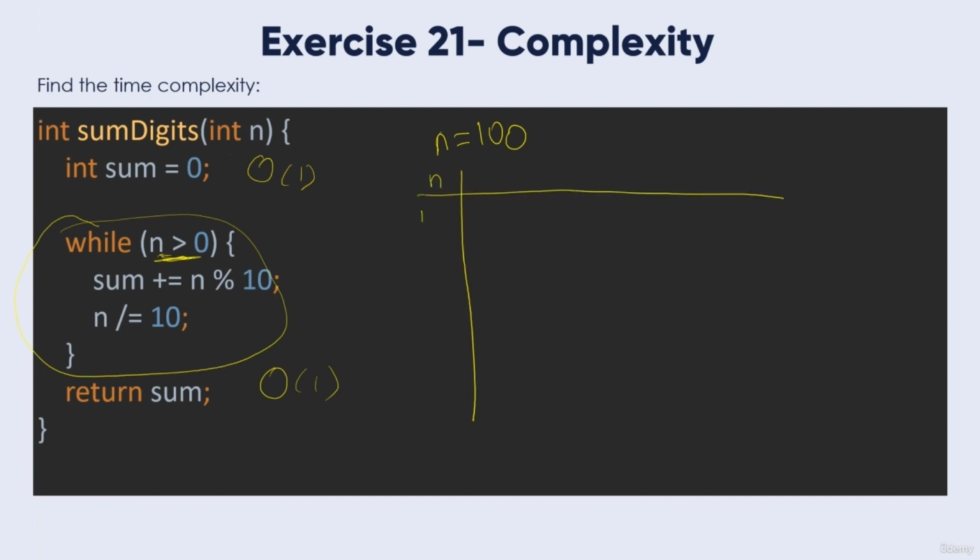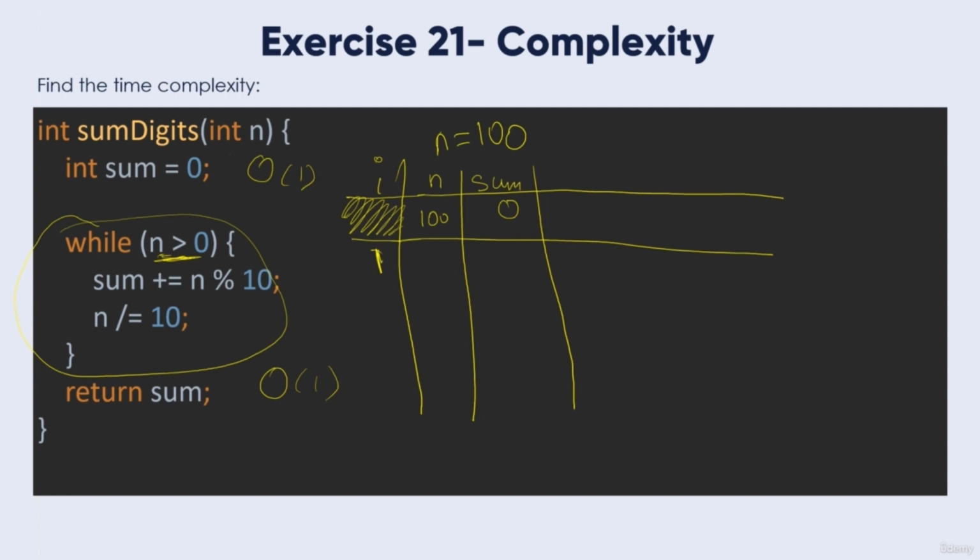Okay? So, I will make a table here. n is 100 at the first iteration. It is greater than 0. Yes. The sum is equal to 0 initially. At the first iteration, the sum becomes the old sum plus n modulo 10.